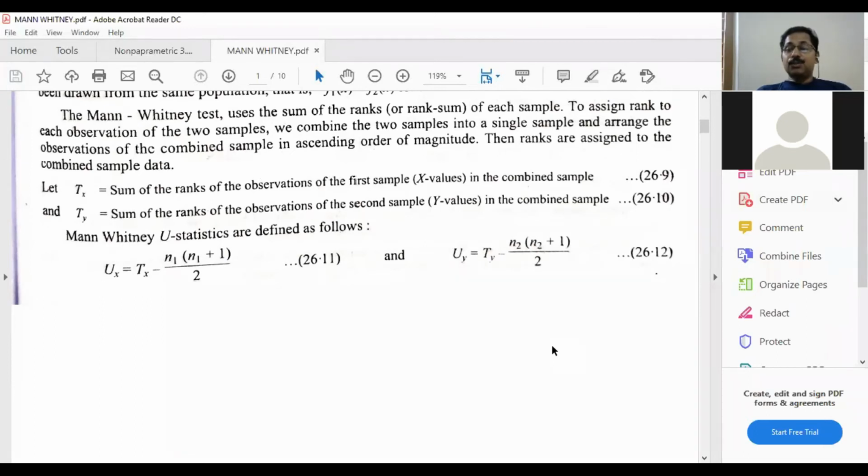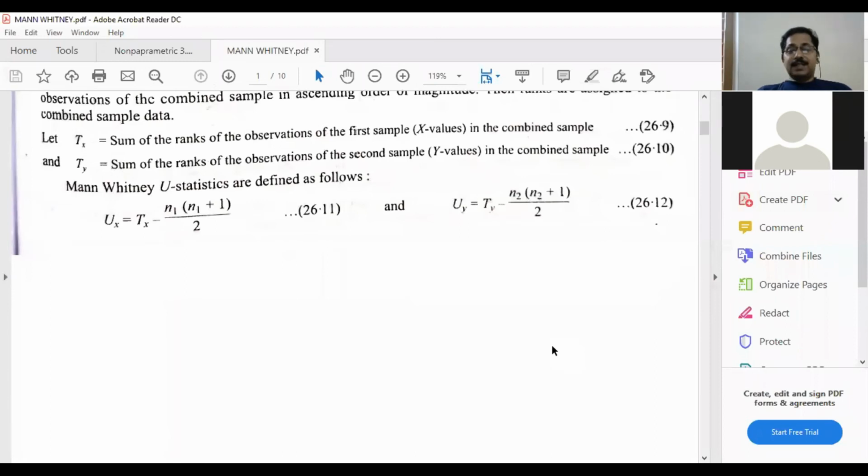So we have two sets of samples, x samples and y samples. For finding ranks, you have to combine all the observations of the two groups, x and y, then split the ranks into two groups, for the x group and for the y group.